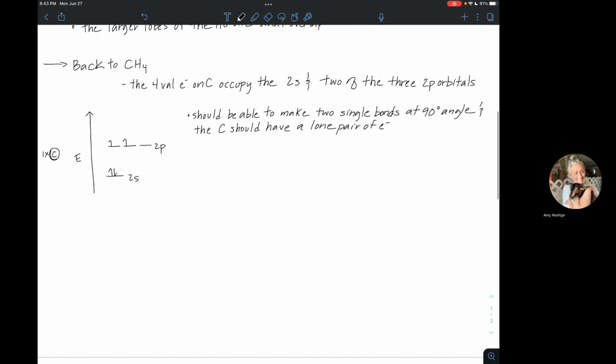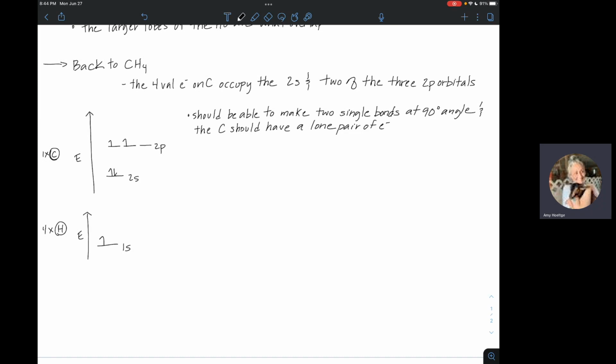Hydrogen, we take our 4 for methane, 4 hydrogen. Each one of those has a half-filled orbital. There's no empty orbital. We have a 1s orbital, and each one is half-filled. So now what are you going to do, right? Seems like you should only be able to bond with 2 of the hydrogens, and then the carbon should hang on to a lone pair, doesn't it?